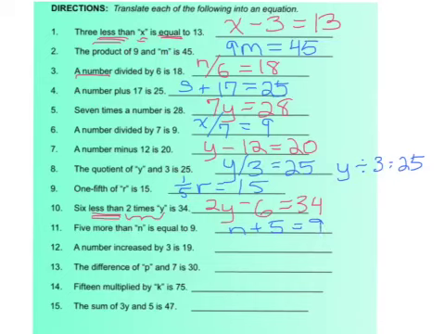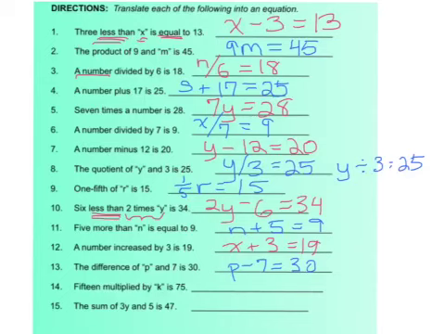A number increased by 3, so any number x increased by 3 equals 19. The difference of p and 7, that means in that order, p minus 7 is equal to 30.